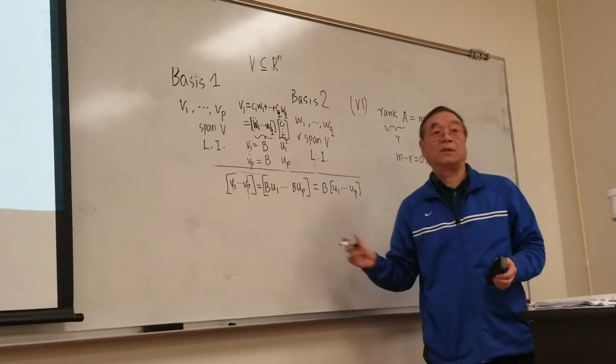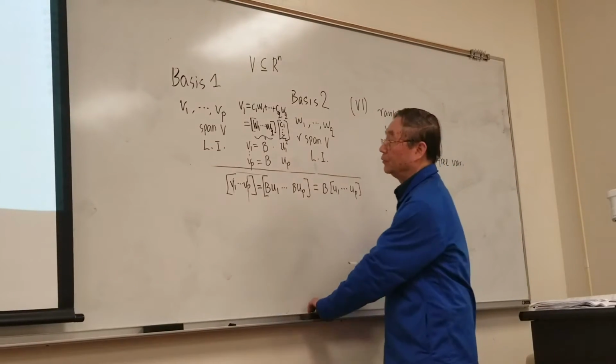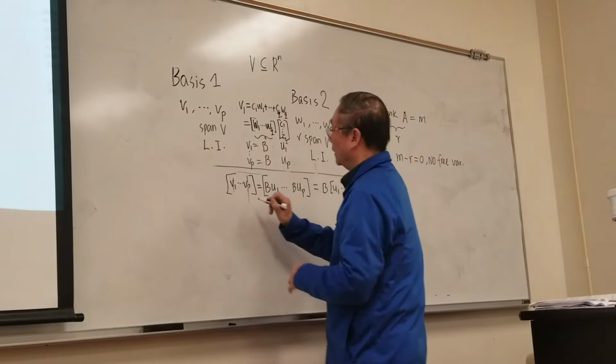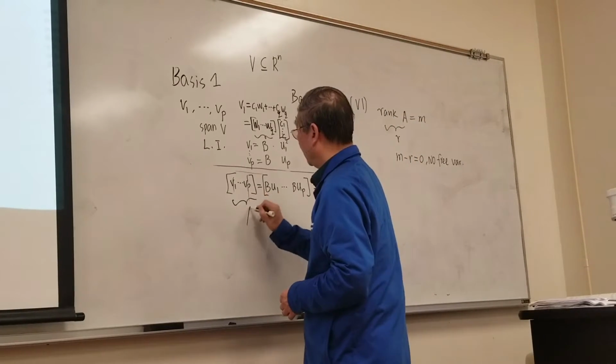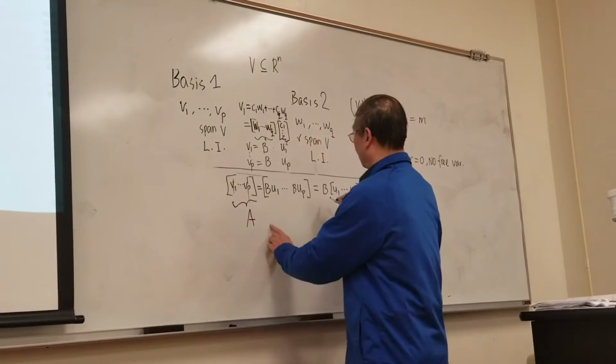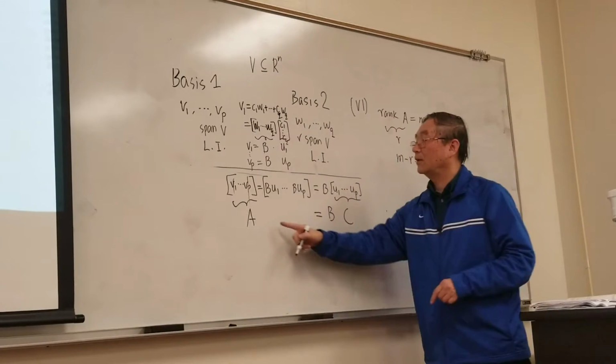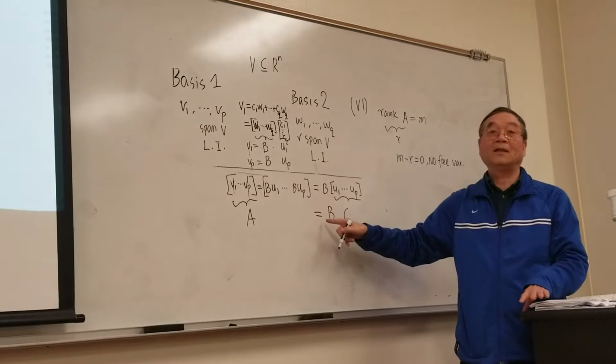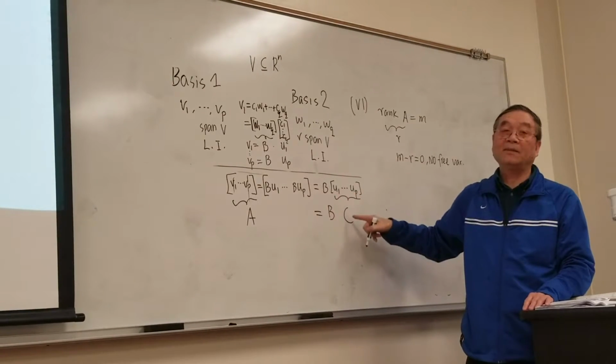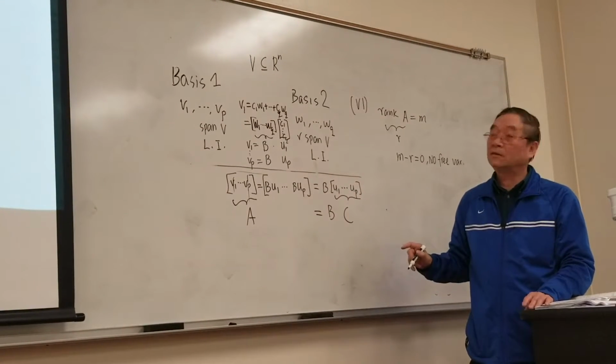Now in the book, if you want, you can read the book. They call this matrix A, and then this is B, and they call this C. So A is equal to B times C. What is A?